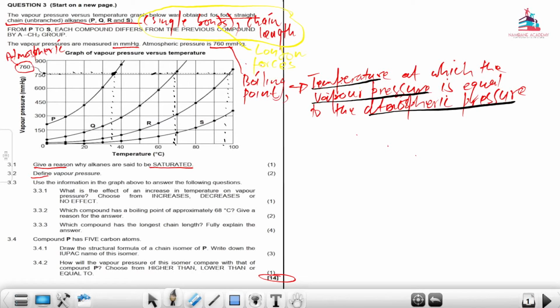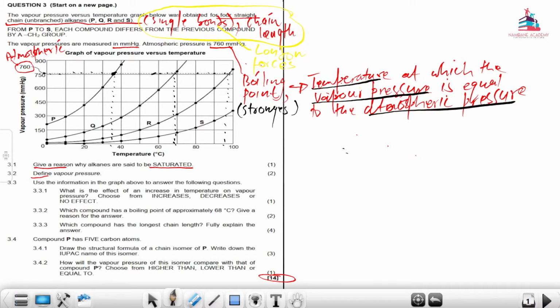Now for S, we still have a long way to go before we reach the boiling point, because remember, it will only start boiling once it reaches 760 mmHg. Because it is not reaching 760 at 100, it means it has the strongest intermolecular forces.